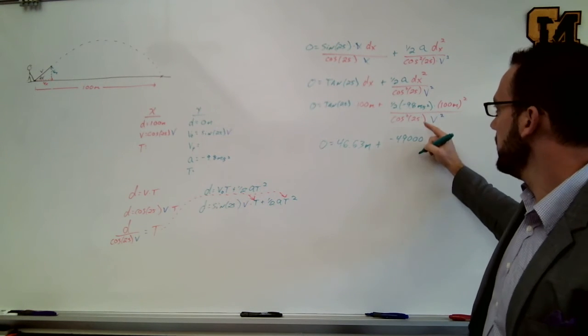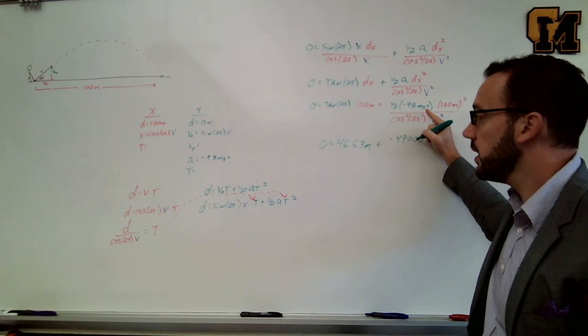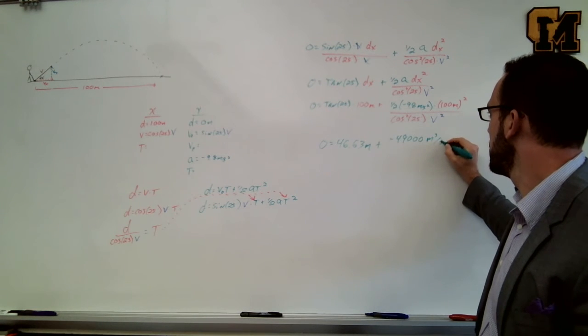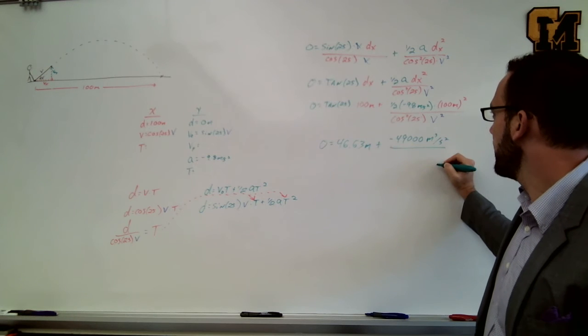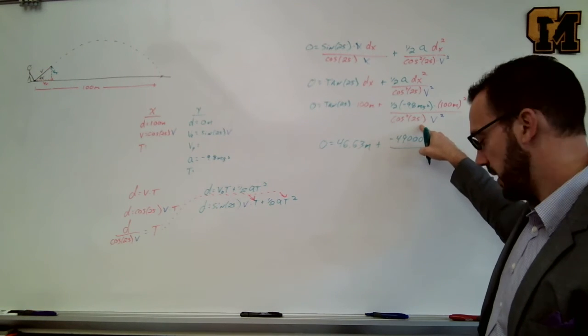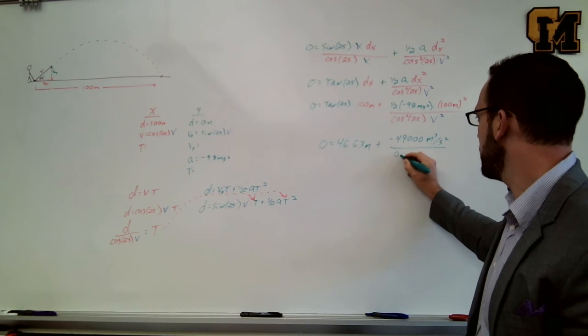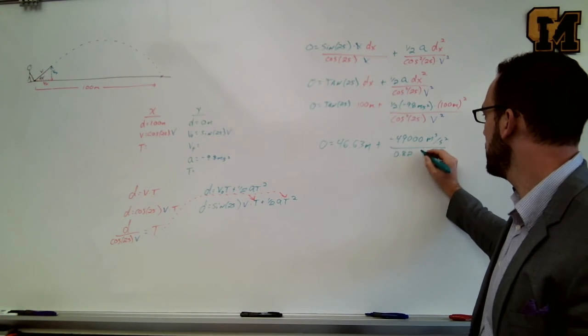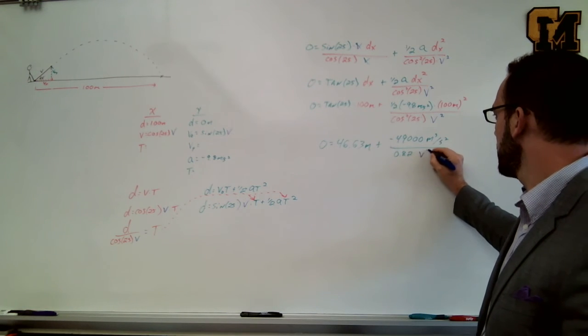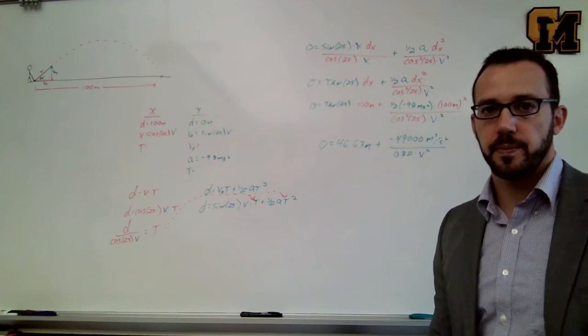My units here, I'll keep the meters per second squared, and then that's going to become meters squared. So it's actually going to be meters cubed per second squared. And that's going to be divided by this cosine squared 25. And when I plug that into my calculator, I get 0.82. And then I've got the thing that I'm still trying to find, which is v squared.